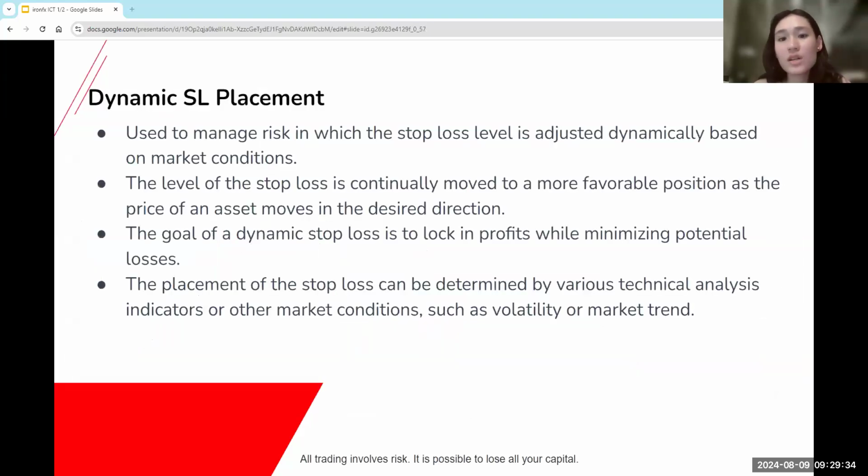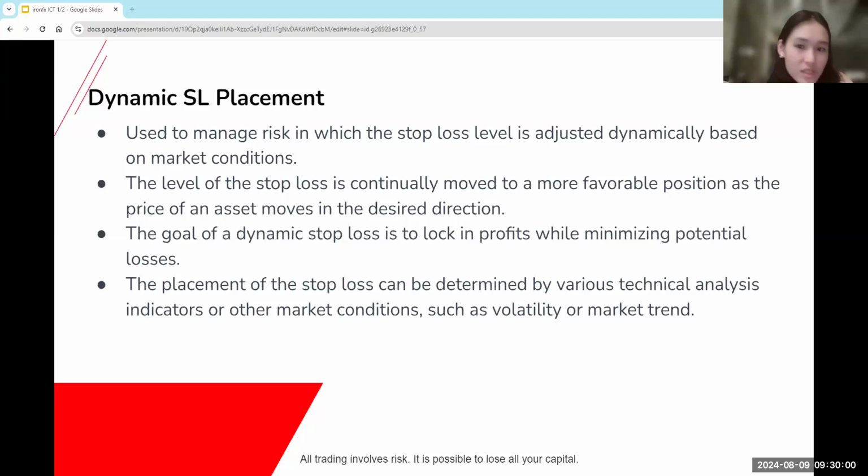Okay, so instead of having a fixed stop loss, what you can do is use a dynamic stop loss. So this applies for any trading strategy that you choose to use. Okay, so dynamic stop loss basically is a stop loss level used in trading where you adjust your level based on the market conditions.